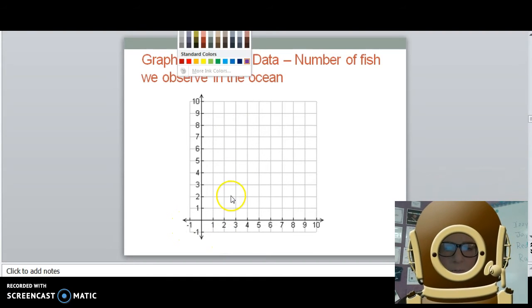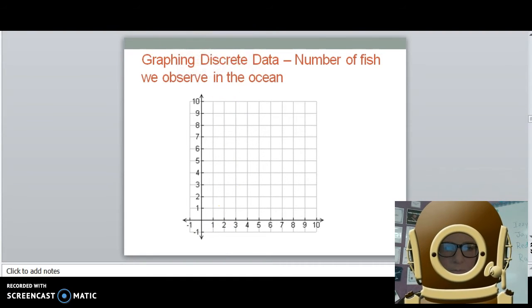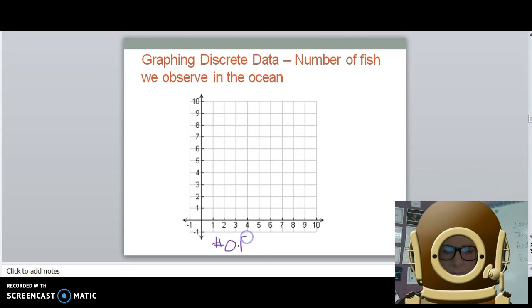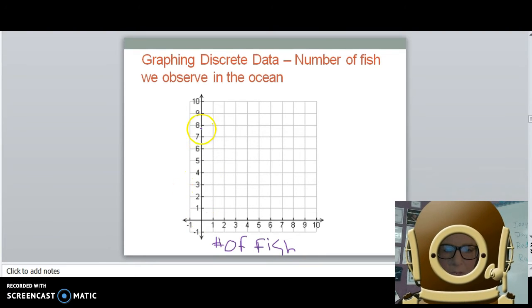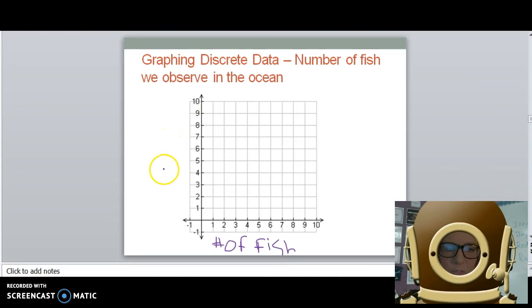So for example, this might represent the number of fish and this might be the hour at which I observed the fish. So this would be my time.